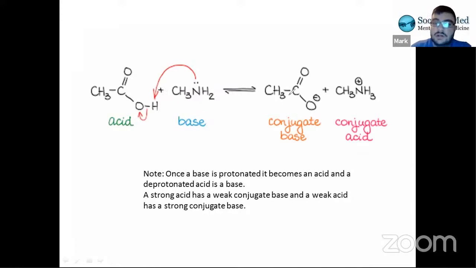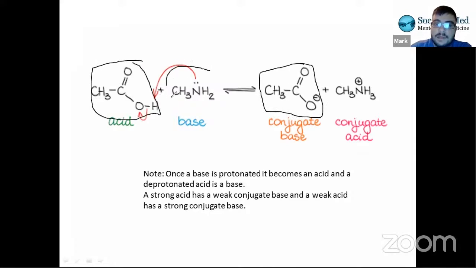So if you can see here, this is what happens when you deprotonate this acid, and this is what happens when you protonate this base. Now, if you look at it, this is now an acid because it can no longer accept any more protons. It's already full.